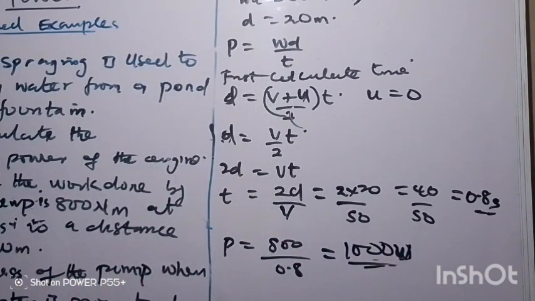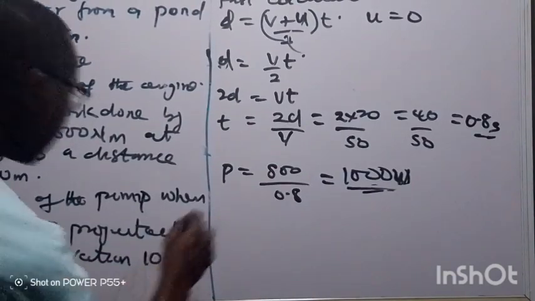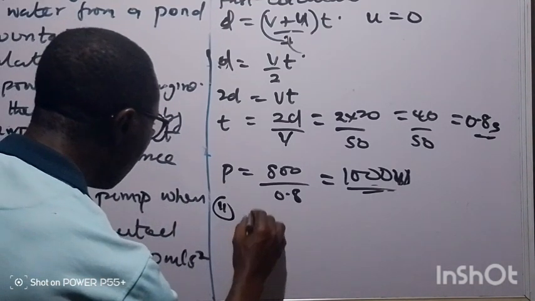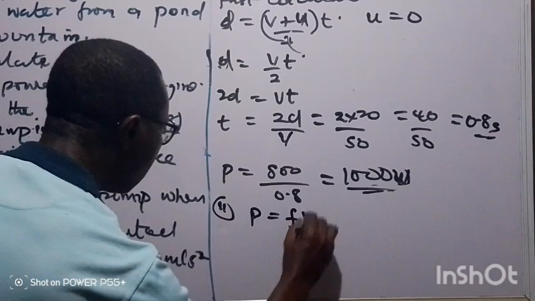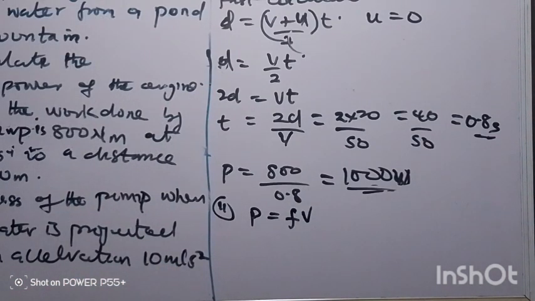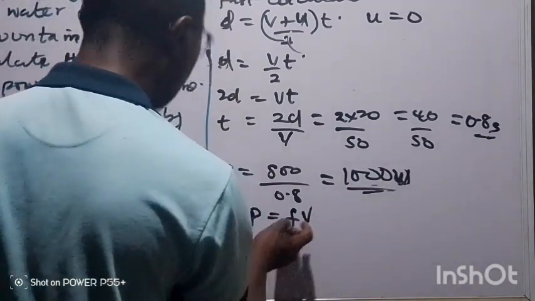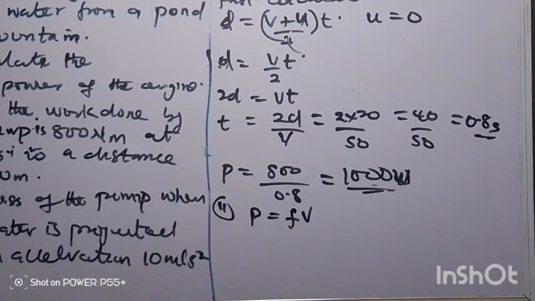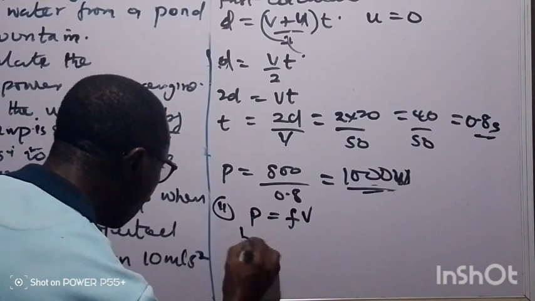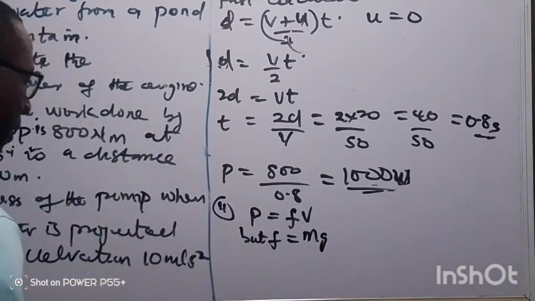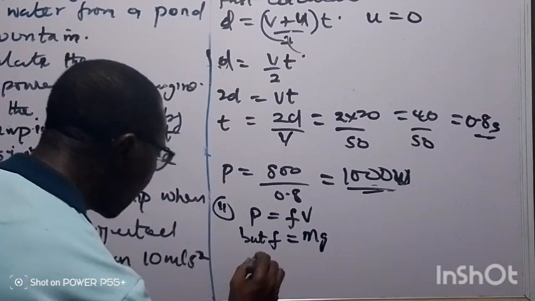Question 2, to calculate the mass. Already we know that power is equal to F multiplied by v, that is force multiplied by velocity or speed. We already know the value of power as 1000, but from the question, F is not given. So we can substitute: F is equal to mg. So P will be equal to mgv.